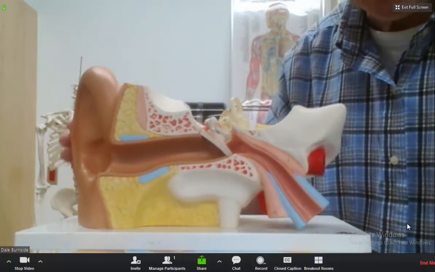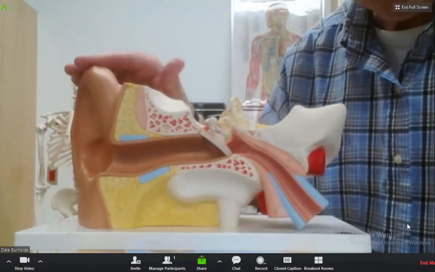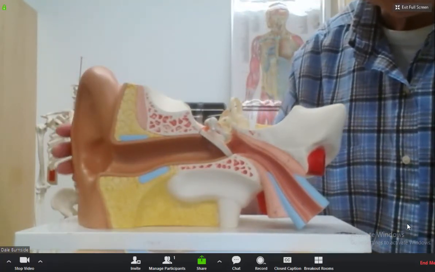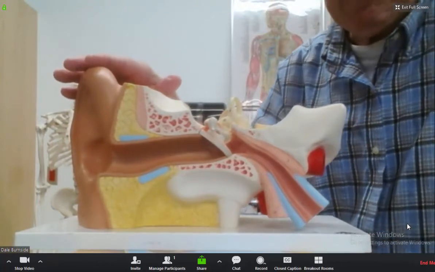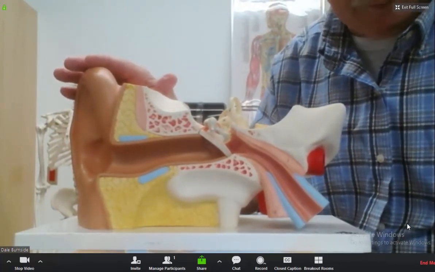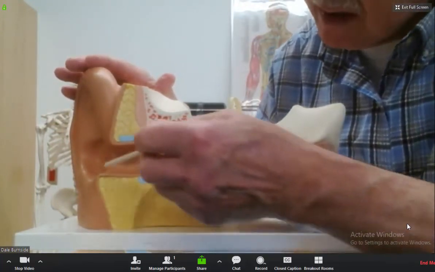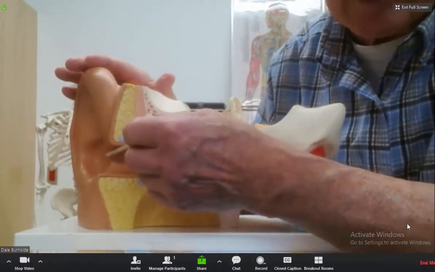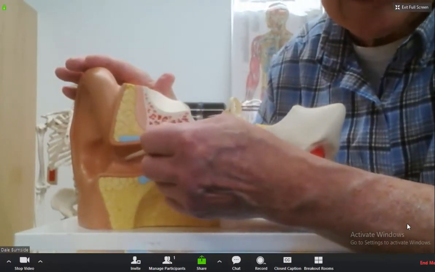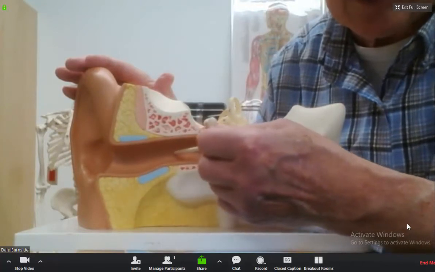That's this big portion which we call the external ear. It's also known as the pinna or the auricle. Then coming in from that through the external auditory meatus is the external auditory canal.